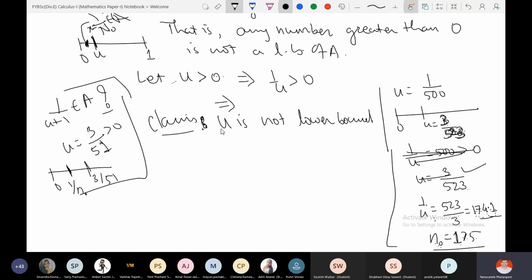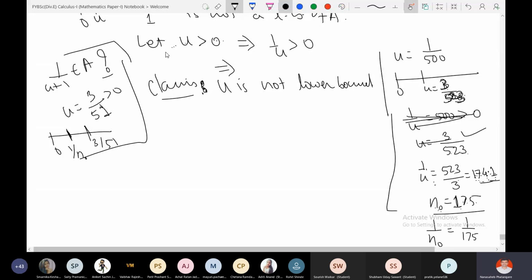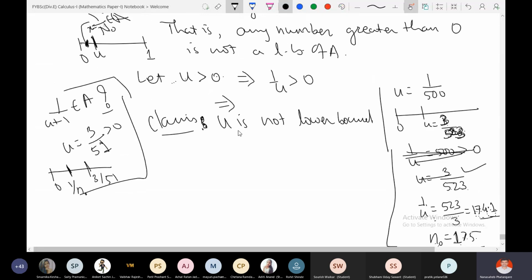Because if I prove that no number greater than 0 is a lower bound, that means 0 is the greatest lower bound. We have already verified that 0 is a lower bound, and any number greater than 0 is not a lower bound, that means 0 is the greatest among lower bounds.